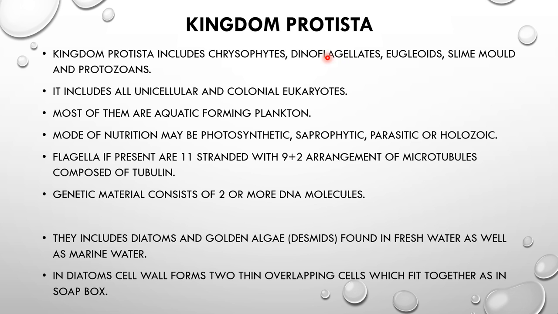So all the single celled eukaryotic organisms are placed under the kingdom Protista, students. Whatever single celled organisms there are, these are placed under the kingdom Protista, but the boundaries of this kingdom are not well defined.